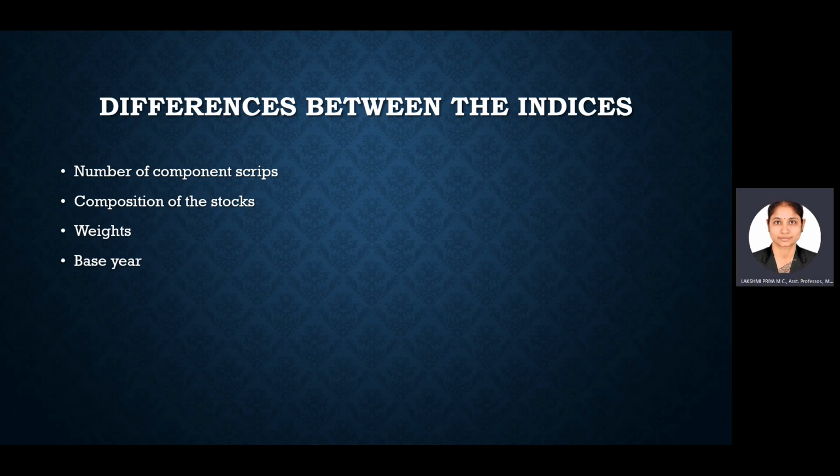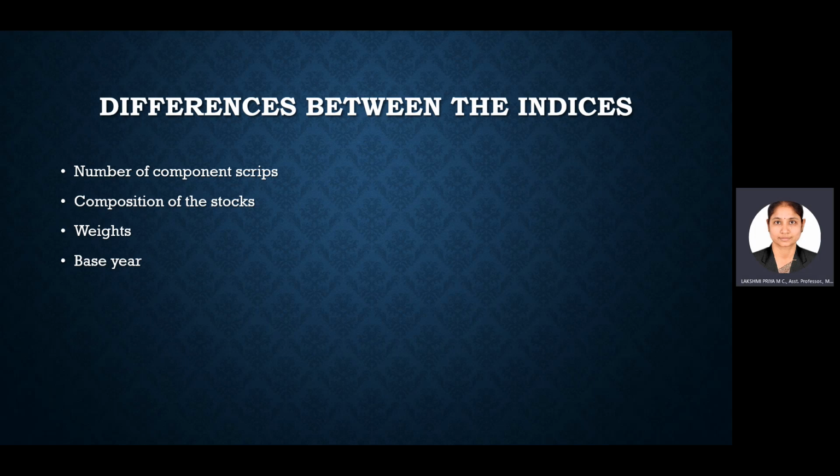And weights also make the indices differ. The weight assigned to each company's script will influence the movement of the index. The indices may be weighted with the price or value. The Dow Jones Industrial Average and the Nikkei stock average of 225 scripts of Tokyo Stock Exchange are weighted with price.